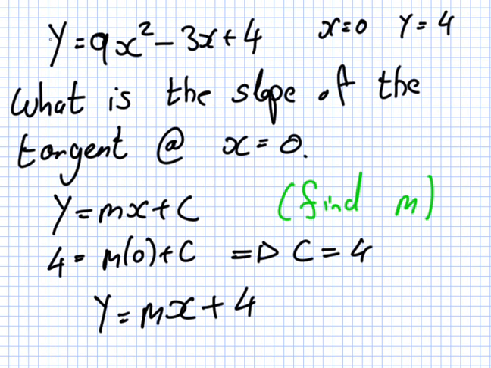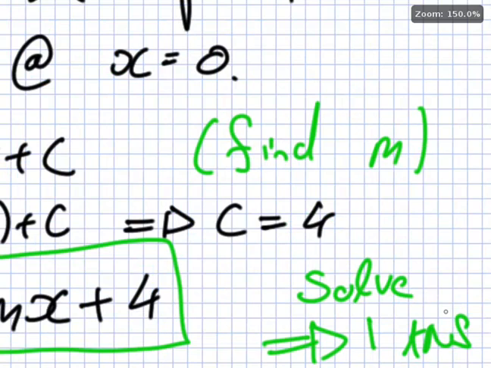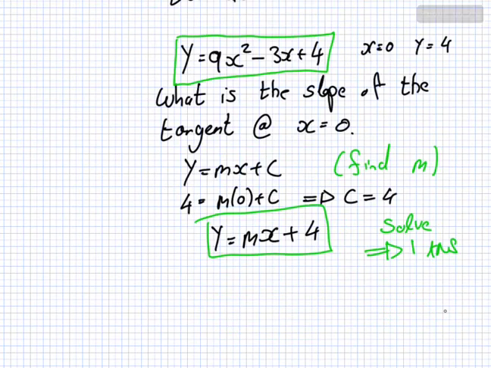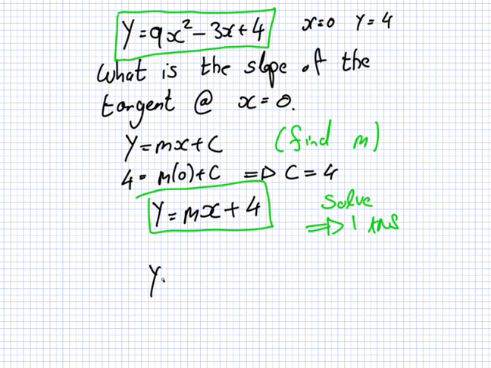Now, we also know that if I take this equation, and I take this equation, and I solve them, how many answers should I have? I should have one answer. So that's what I'll do next. I'll pretend I'm solving, and I want to have one answer.